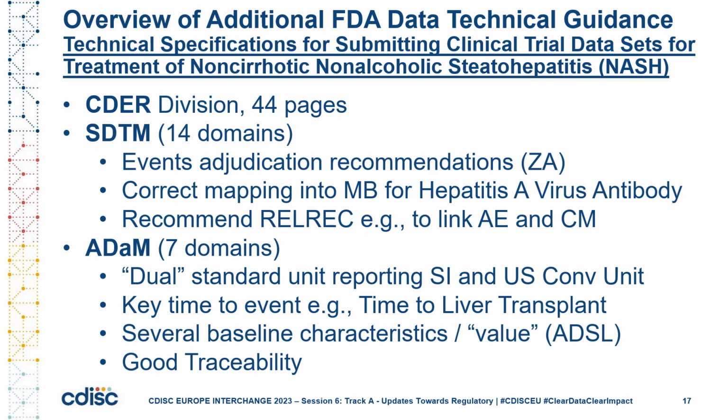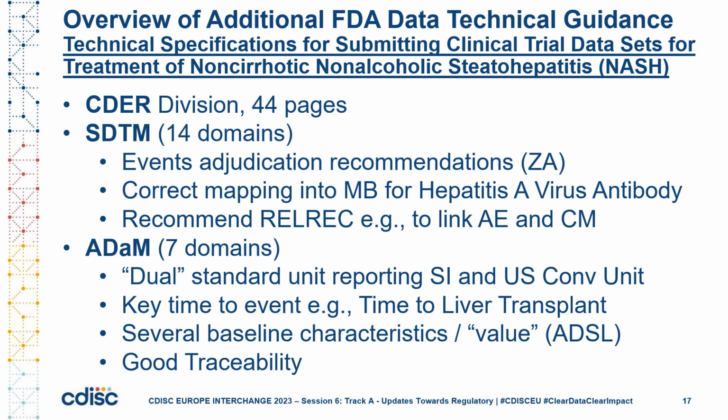For ADaM, I would like to mention again a topic where there is not yet full consensus on how to handle it, despite the FDA having recognized the need to use the standard international unit more consistently rather than US conventional units. There are still some agencies, some units of the FDA, some specific reviewers that still want to see the US conventional unit too.